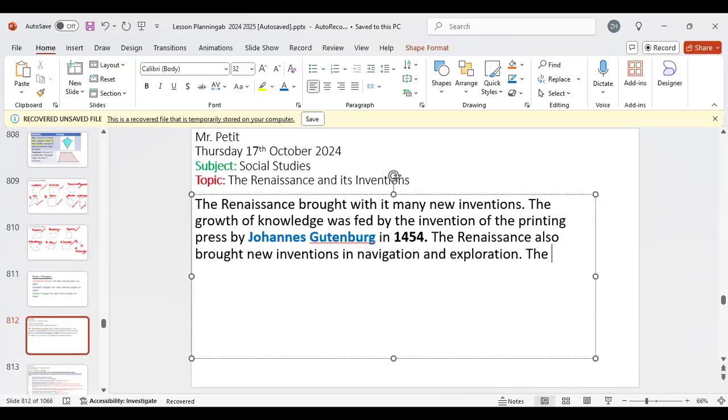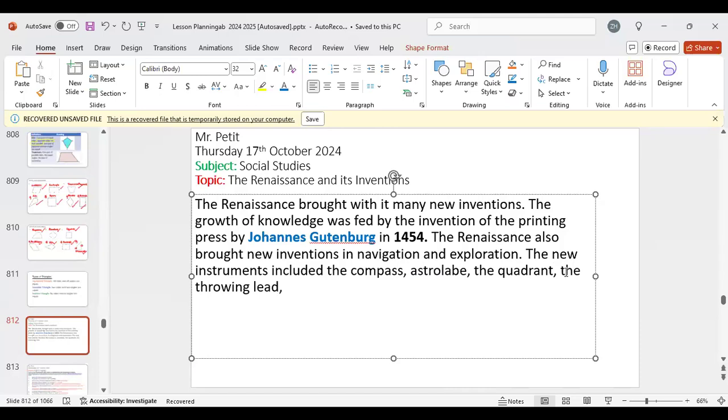The new instruments included the compass. Anyone know what the compass is for? The astrolabe. The quadrant. The throwing lead.